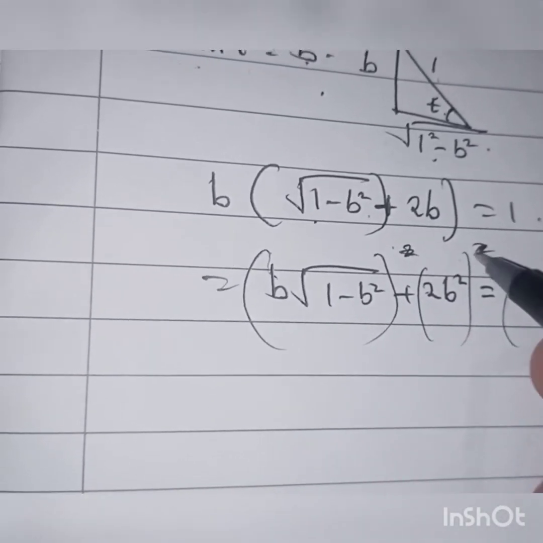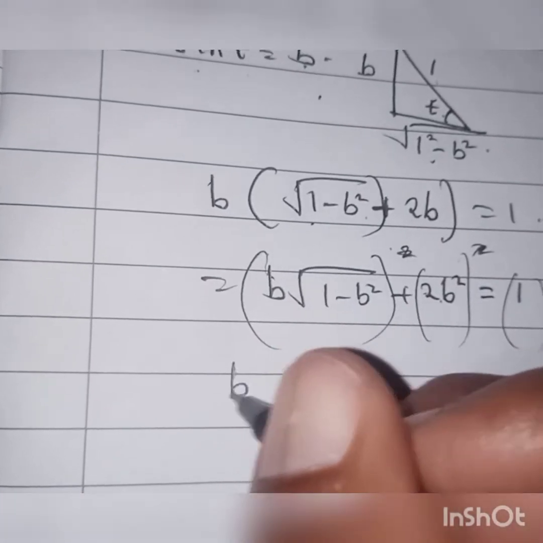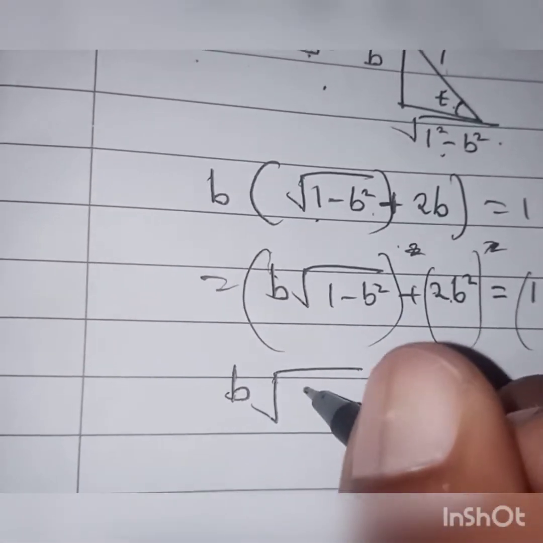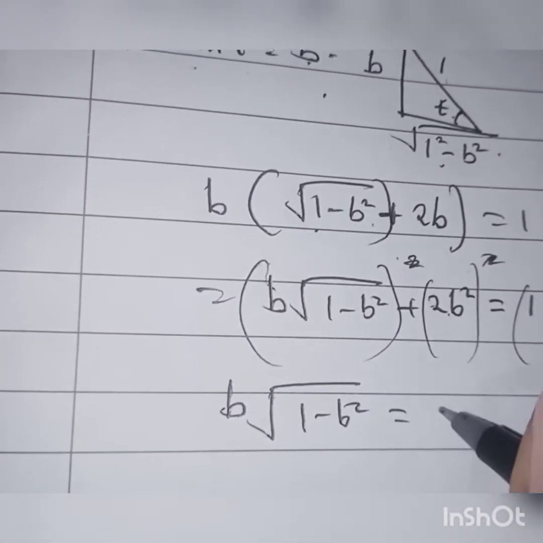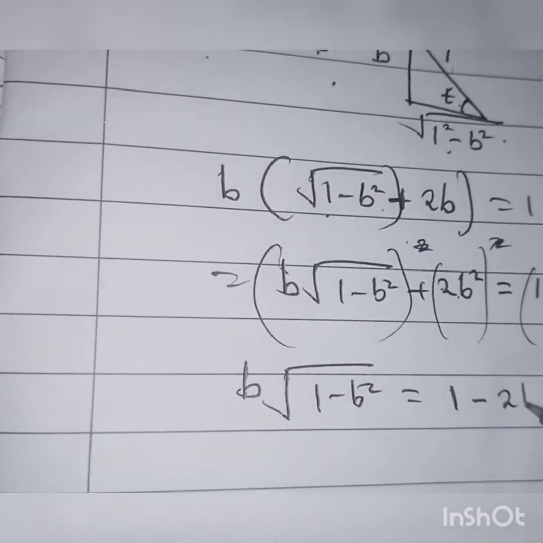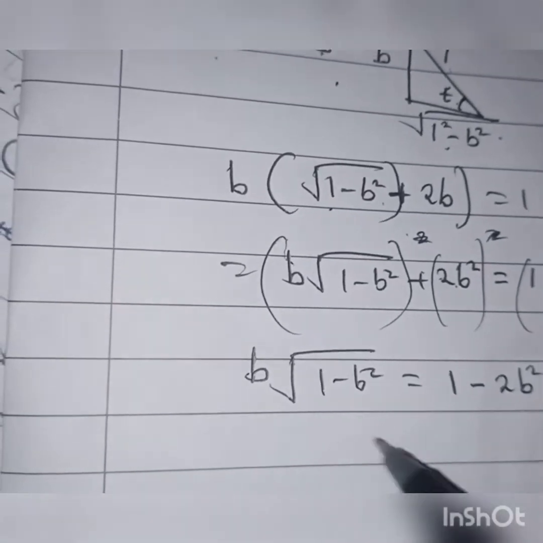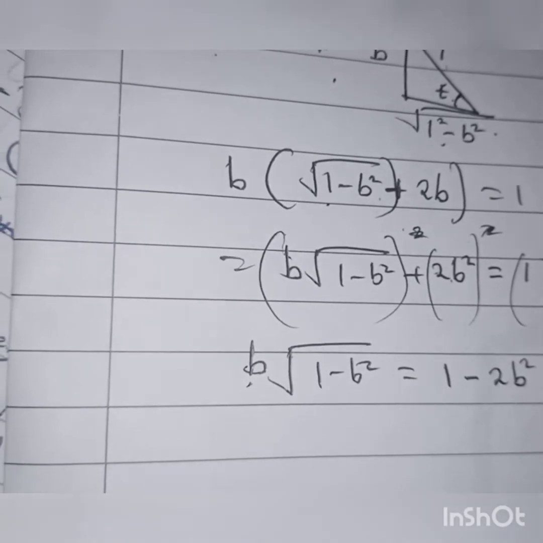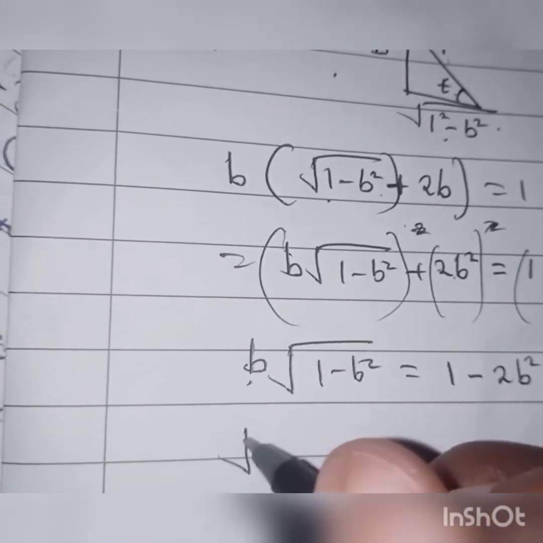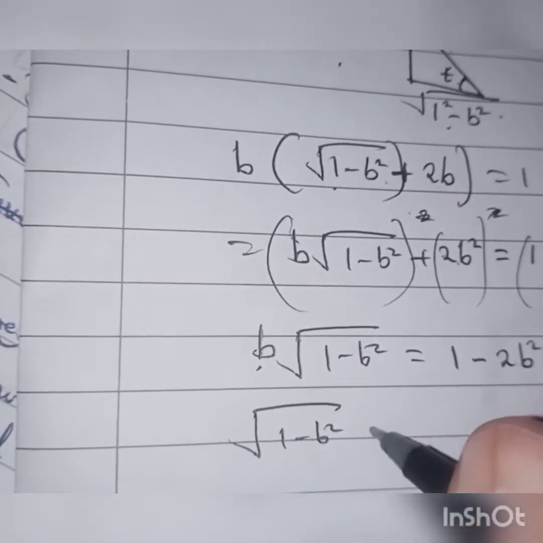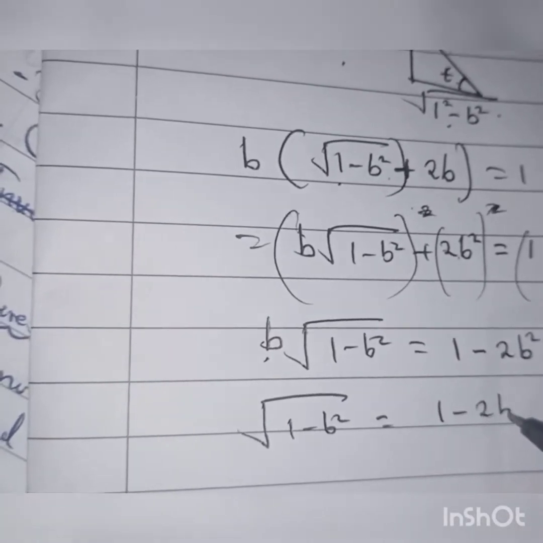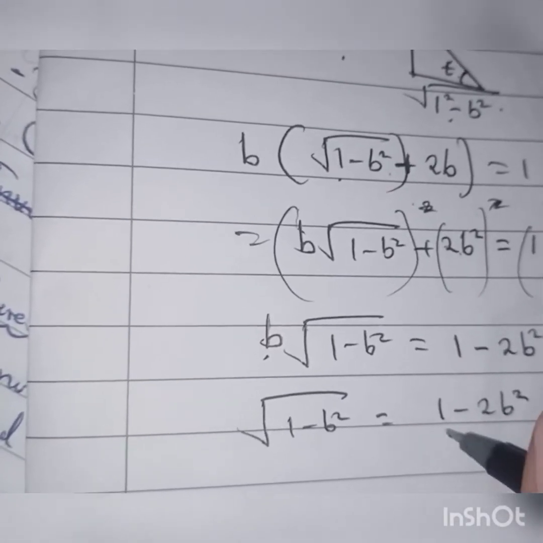We should not square yet, but take this one to the other side, which will be b times the square root of 1 minus b squared, which equals 1 minus 2b squared. So we can divide by b, so that it will be root of 1 minus b squared equals 1 minus 2b squared, all over b.